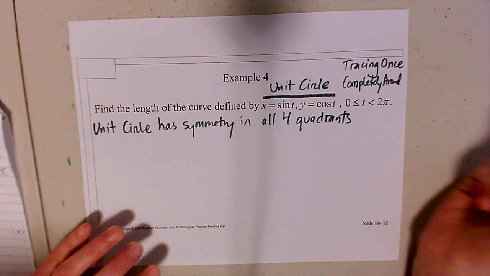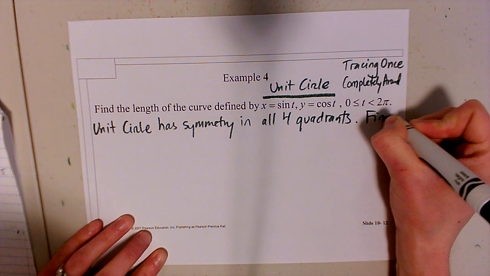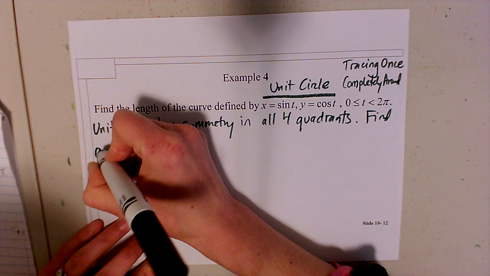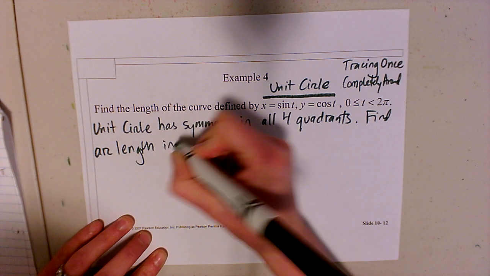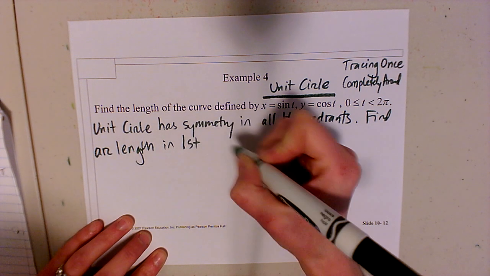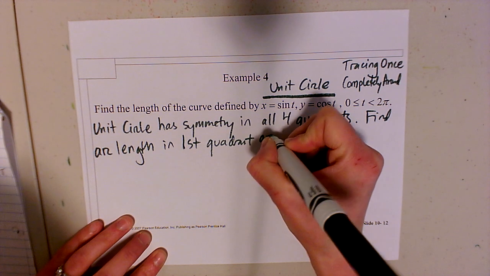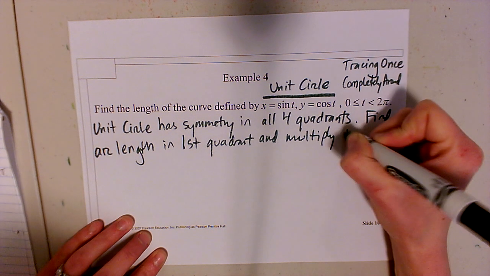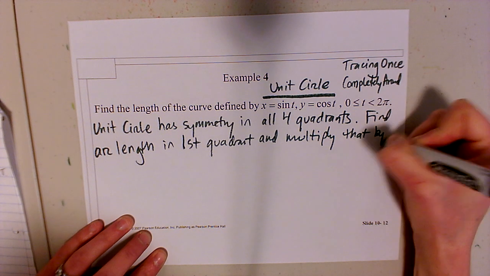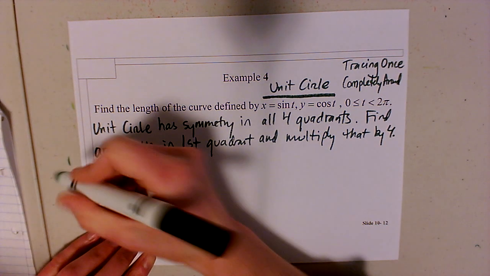So what we could do is find the arc length in the first quadrant and multiply that by 4 to get the entire length.